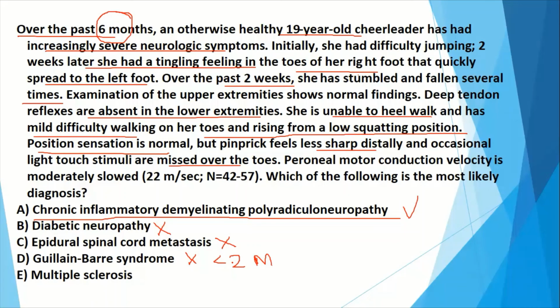So, what is the diagnosis? All these presentations are separated by time, and they are also separated by space. They are not in the same region. So, a single neurological lesion cannot explain the findings. So, this is not the case here. So, multiple sclerosis is also ruled out.